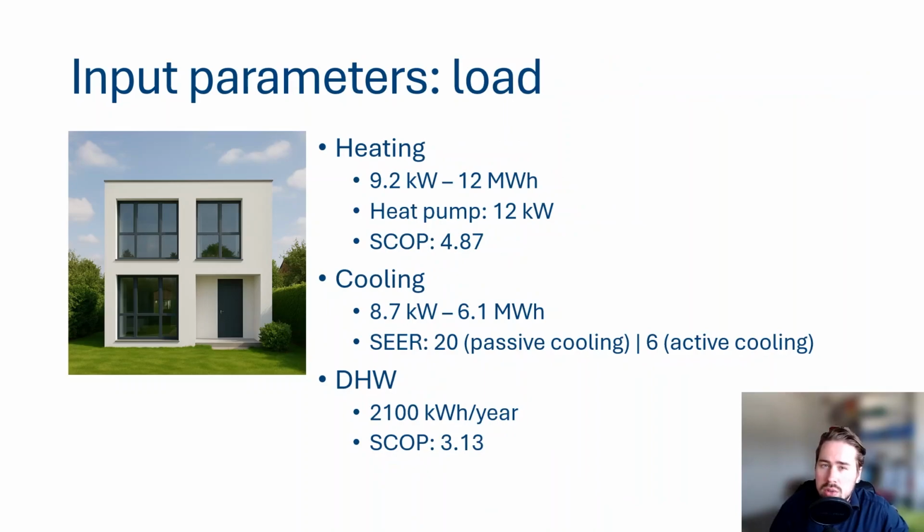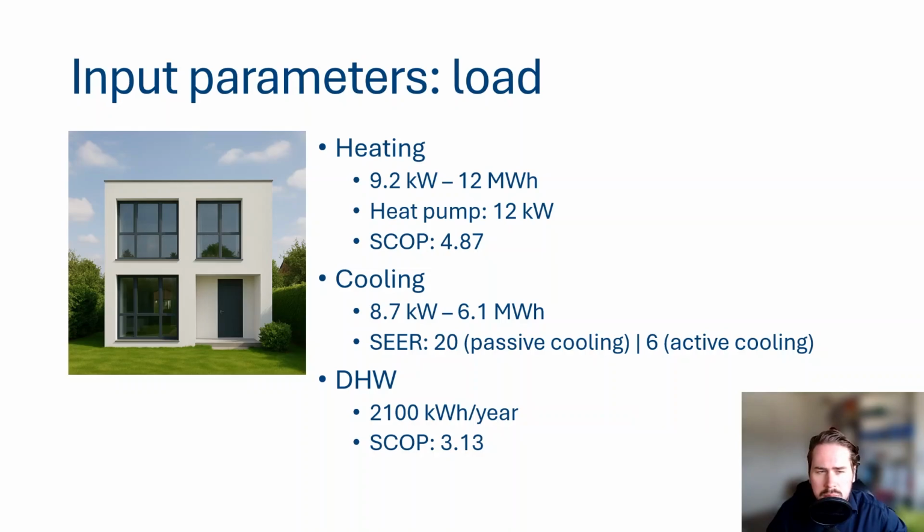And lastly, for our load, we use a ground source heat pump which is modulating and has a power of 12 kilowatts. But our building demand is only 9.2 kilowatts in peak and 12 megawatt hours per year in heating demand. For cooling, it's 8.7, which is rather high.